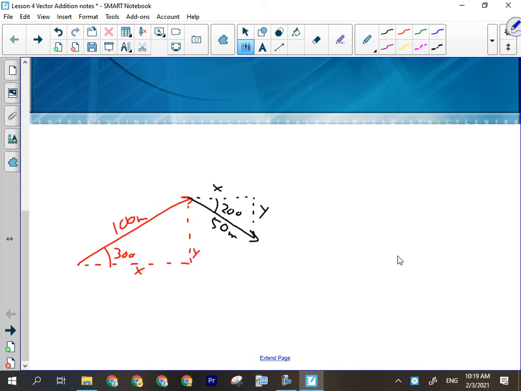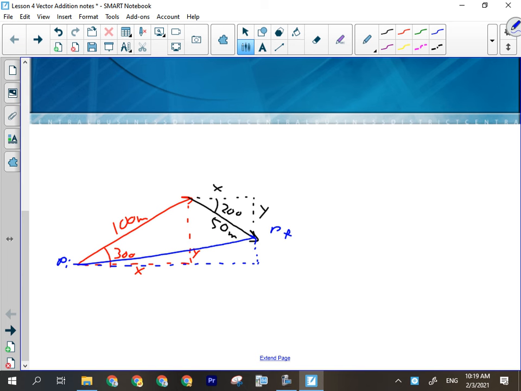Right, actually the other way around, but yes, that's where the line's going to go. I'm going to connect my initial position with my final position, because that's what displacement is, the change in position. So that line there represents my overall displacement.